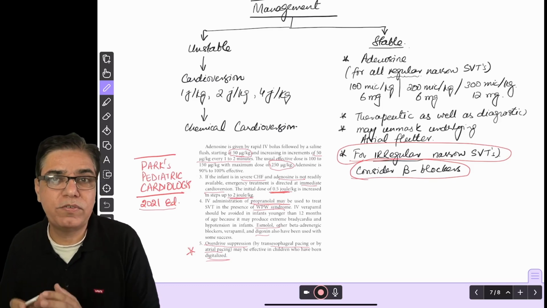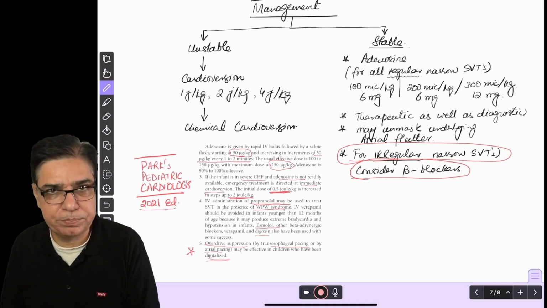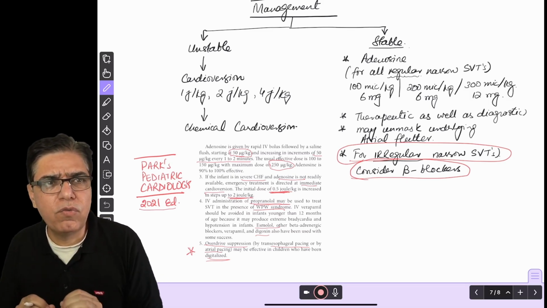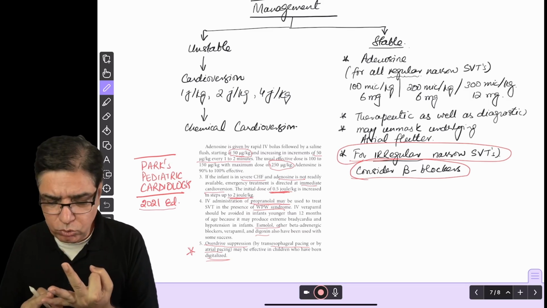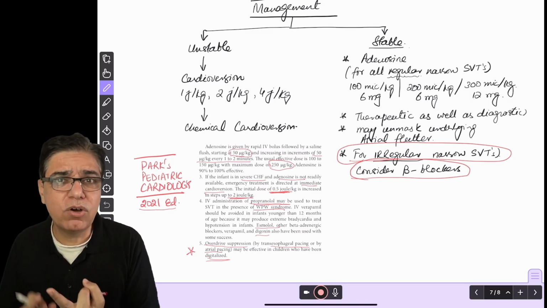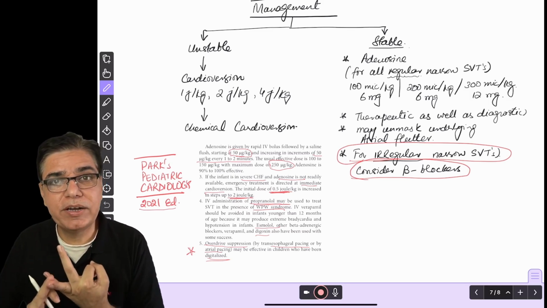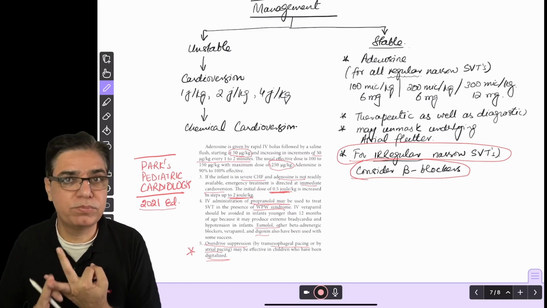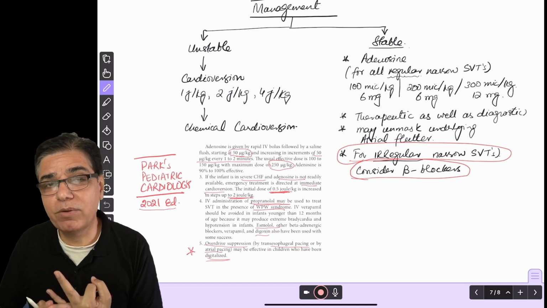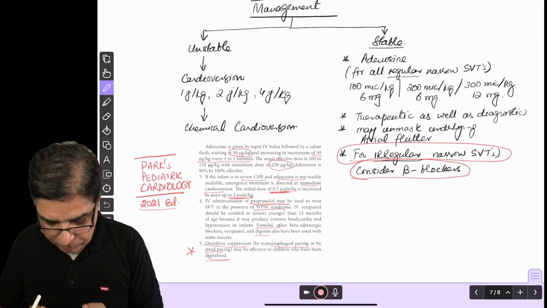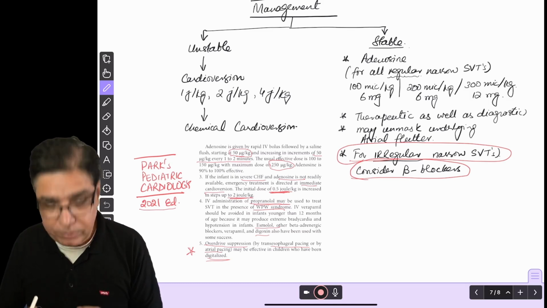Again, specific management depends on whether the child is hemodynamically unstable or stable. Here, for your interest, I would like to quote three sources. Number one, the treatment from the APLS or PALS algorithms. Number two, the treatment recommended in one of the finest textbooks of pediatric cardiology, Park's Pediatric Cardiology for Practitioners, from the 2021 edition of Park's Practice of Pediatric Cardiology.